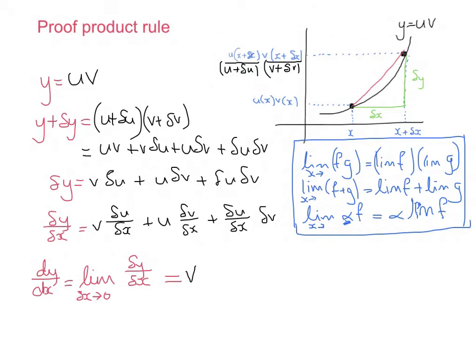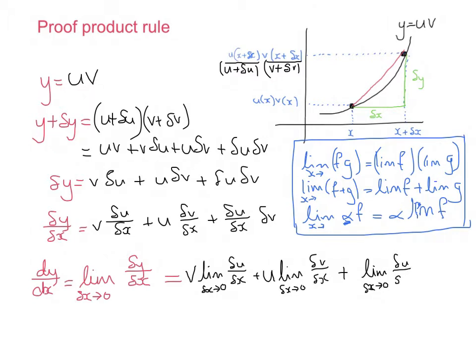That gives me v times the limit as delta x tends to naught of delta u over delta x, plus u times the limit as delta x tends to naught of delta v over delta x, plus the limit as delta x tends to naught of delta u over delta x times the limit as delta x tends to naught of delta v.